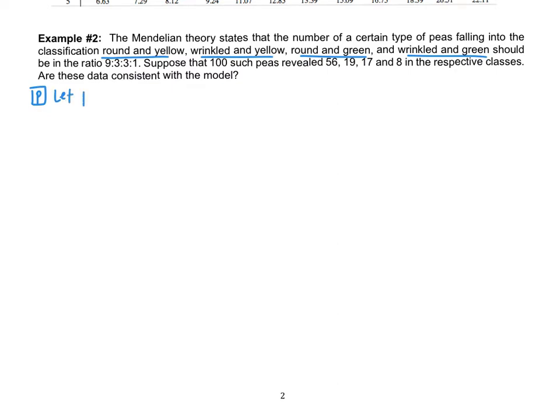So I'm going to say let P1 be the population proportion of round and yellow peas.